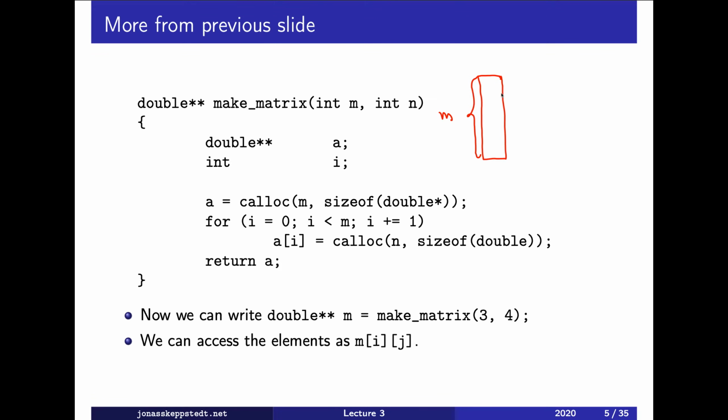Okay, and basically what we will do then is to let each element in this array point to a row of doubles. So this one has n elements. So here we allocate this n doubles.